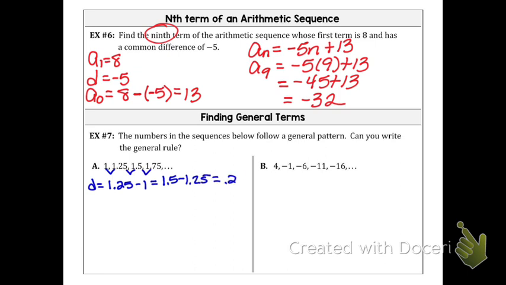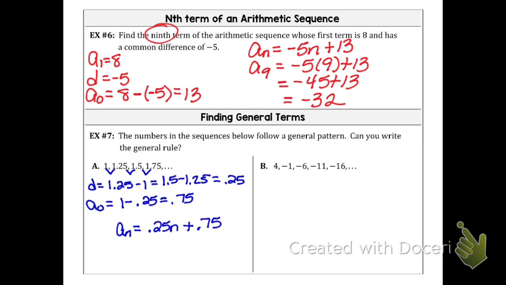Either way, we get 0.25 as our common difference. So my zero term is going to be the first term minus that common difference, which is 0.75. And so my general rule is A sub n equals dn, so 0.25n, plus A sub 0, so plus 0.75.